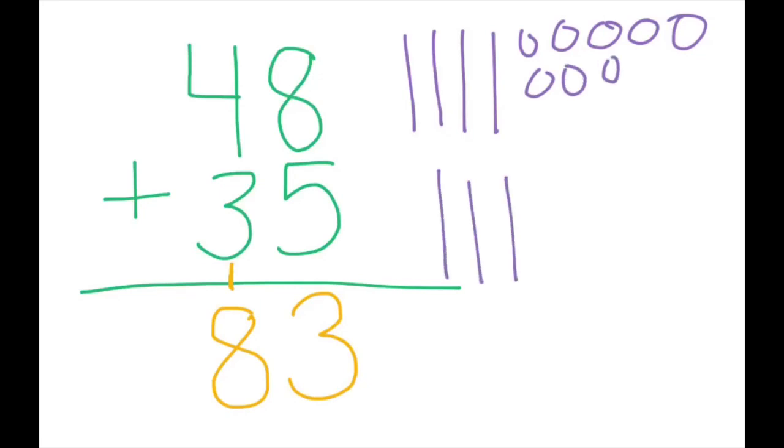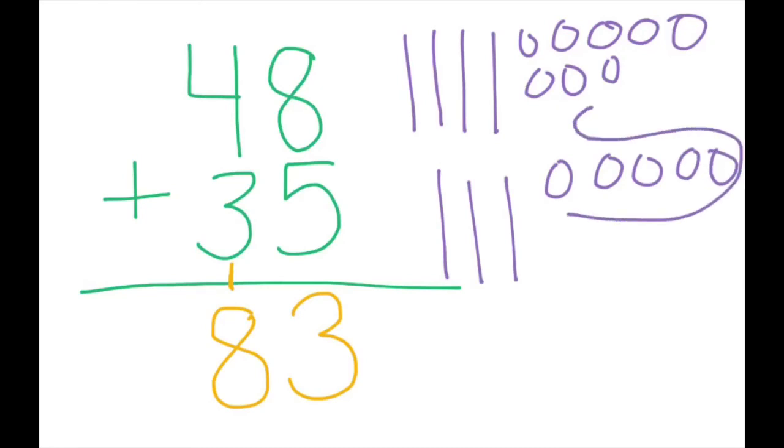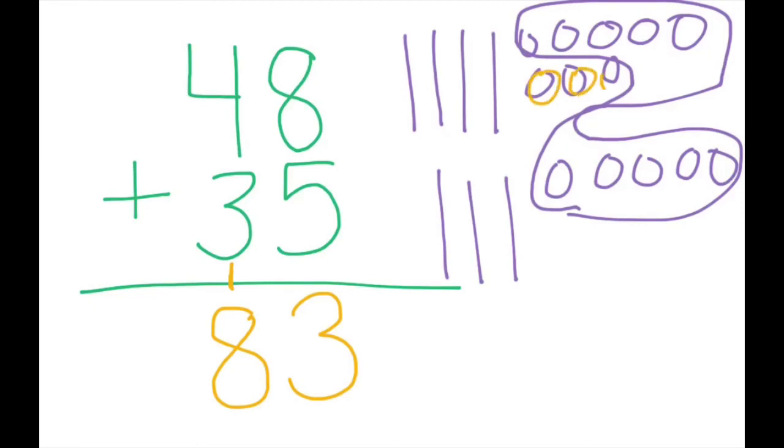You still can do this work, but when you make that new 10, I'm just going to add that extra 5 to make my new 10. When you have these 3 extras here, these are your ones now. That's right here, your 3 ones. And this new 10 that you made, record it right underneath your tens column.